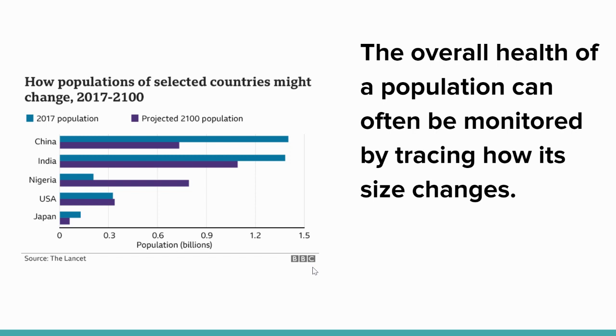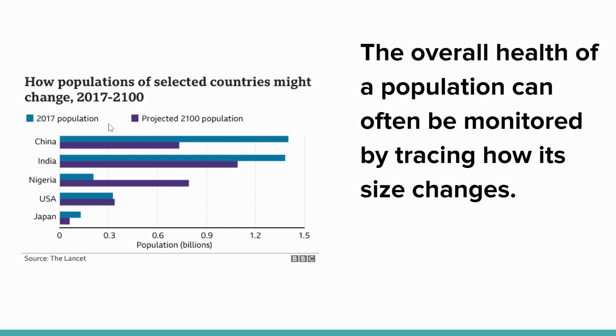The overall health of the population can often be monitored by tracing how its size changes. If you can see in our picture here, we're looking at China, India, Nigeria, USA, and Japan. The lighter blue or teal, whatever color you want to call that, was the 2017 population.